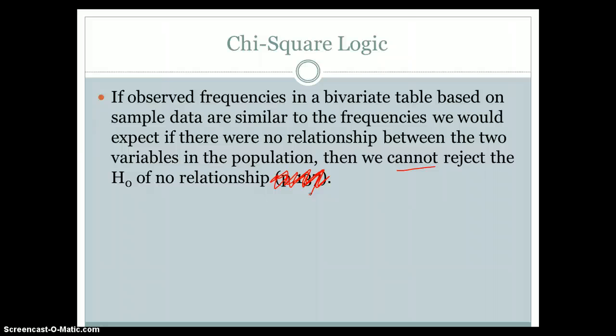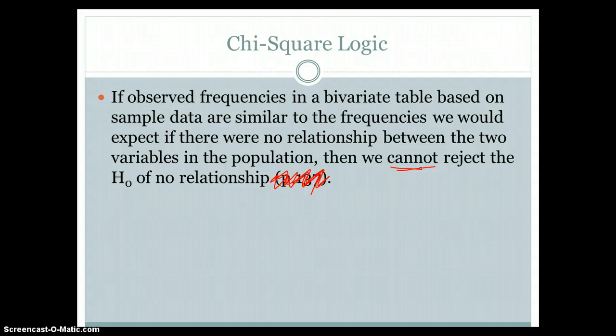So we can ask a simple question: do observed sample frequencies look like frequencies in a bivariate table that's based on expected population data? If our observed sample frequencies look like the expected no relationship population frequencies, then we cannot reject the null hypothesis.